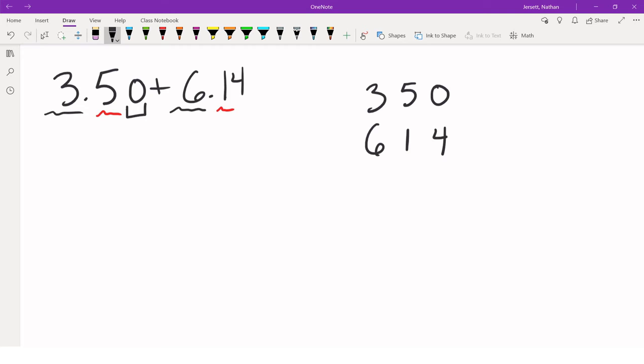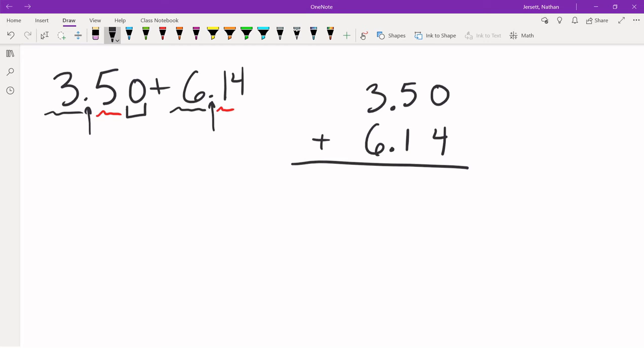I'll write that out just so we can see it. What you'll notice here is I've written this in a special way so that the like quantities are lined up, and we can just go straight down for addition. Because I did it this way, these decimal points are also lined up.